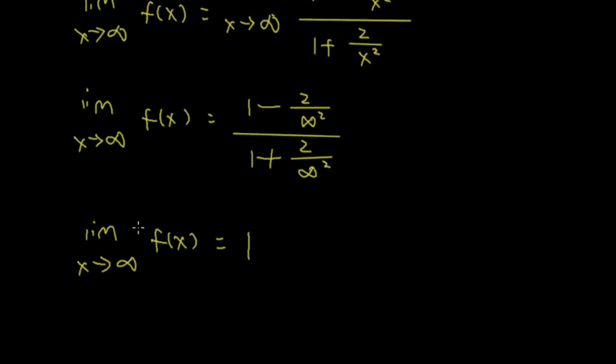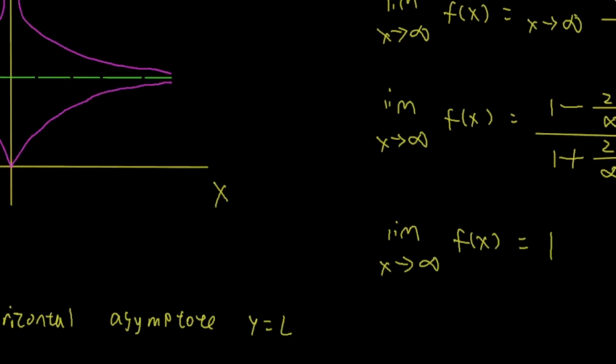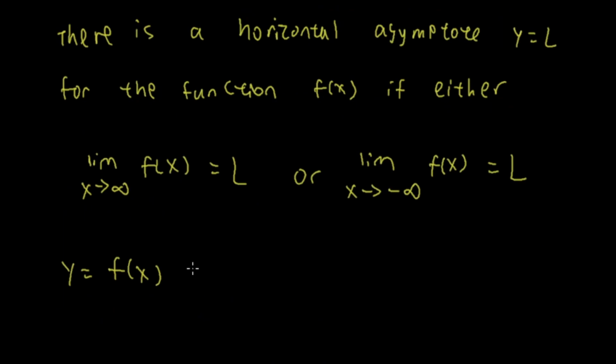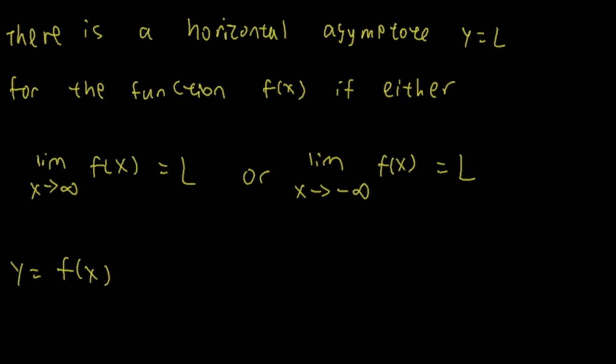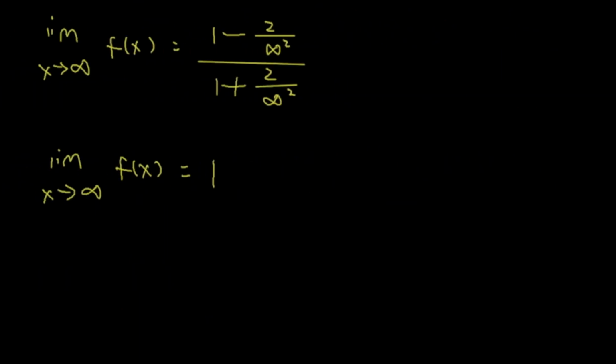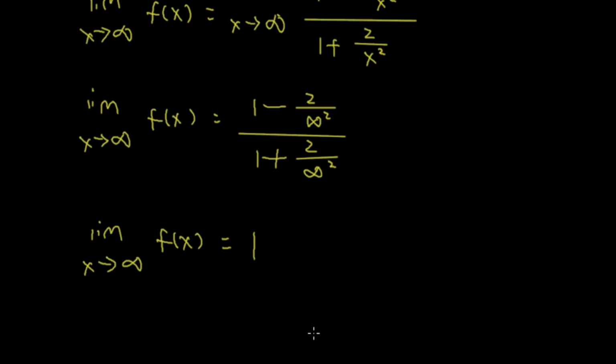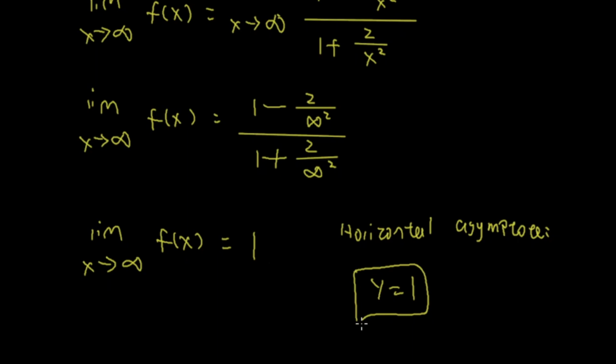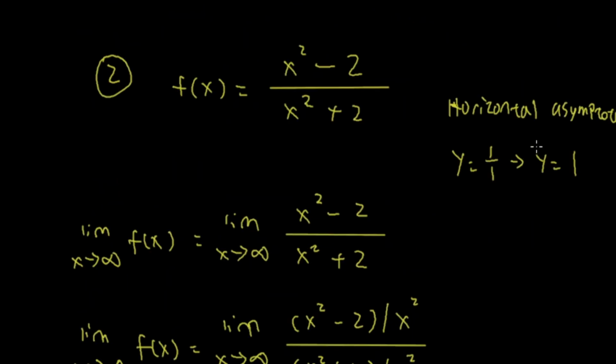Now, this form here is the same as this form here, so L is equal to 1 in example number 2. That means the horizontal asymptote here is y equals 1. So this is the same as this, so either way, it should work.